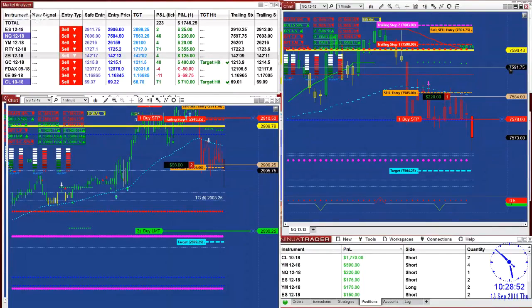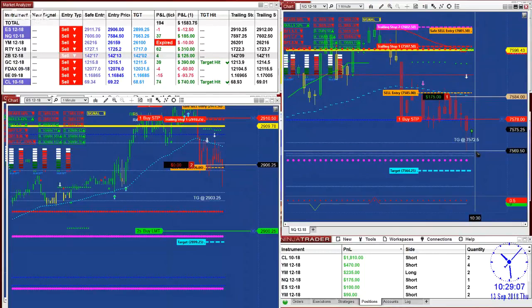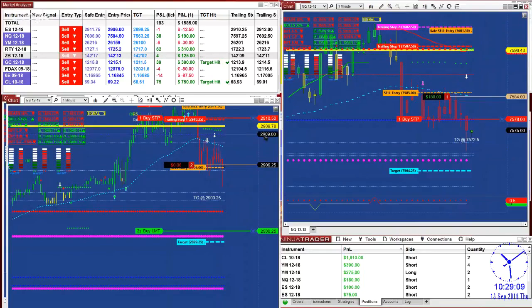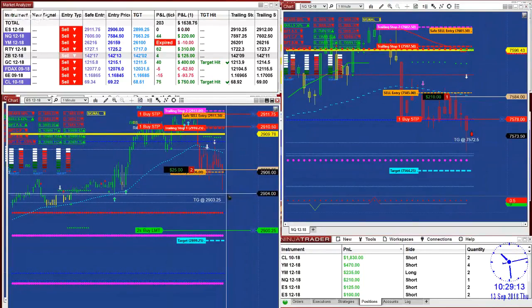Simple as that. If I can predict this, everybody can predict it. Believe me. This is exactly where I told you folks to exit. To the tick. And this is exactly what I told you, we're going to have a problem on the ES. Exactly what we said.